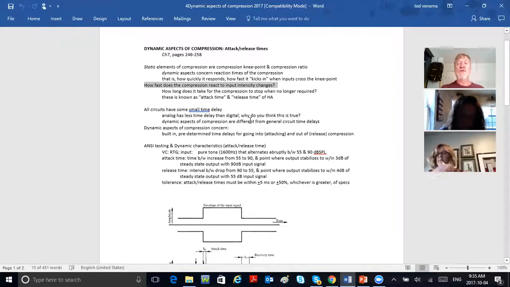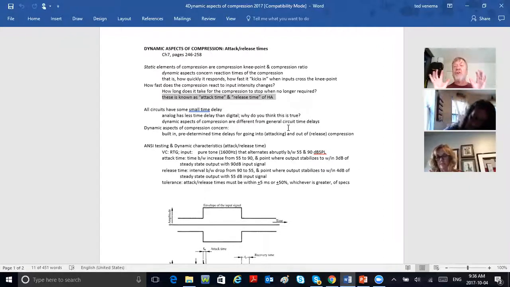How long does it take for the compression to stop when no longer required? These are known as the attack time and the release time. Attack time means how fast the hearing aid goes into compression. Release time is how long it takes for the hearing aid to go out of compression.